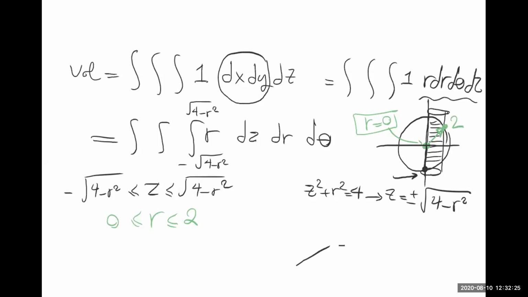So if this is our three-dimensional picture, this is our sphere, and then there is a cylinder we have, which looks like this. Maybe I should do it with another color. The cylinder is like this.